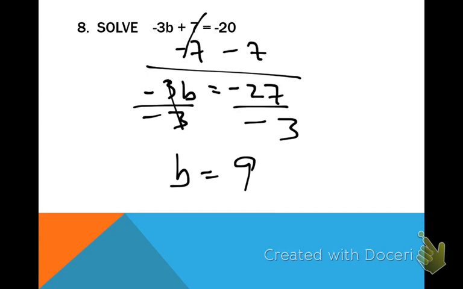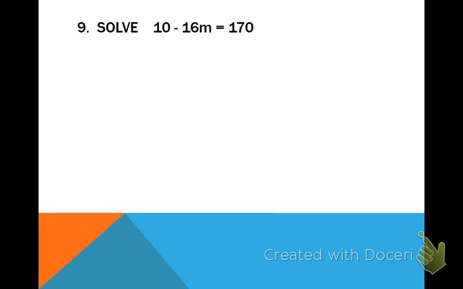Okay, got another one. Try that guy. How about it, Kessler? 10 minus 16m equals 170. So we're going to add 10? Yeah. If we add 10, subtract it.